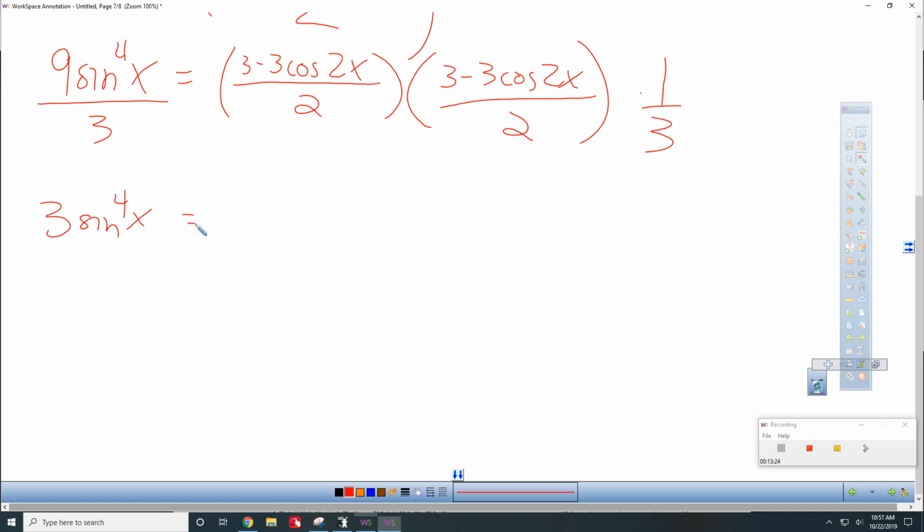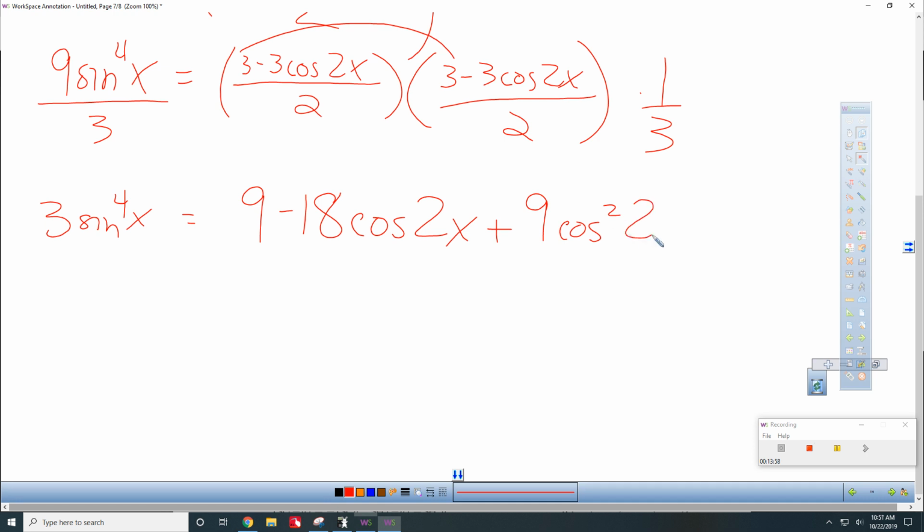So you get on the top, we're FOILing, 9 minus 9 cosine of 2x minus 9 cosine of 2x, so minus 18 cosine of 2x, and then plus 9 cosine squared of 2x, all over 2 times 2 times 3, so all over 12. Ugh.